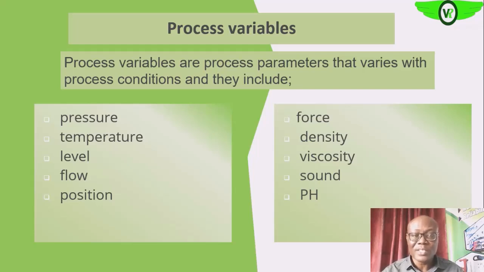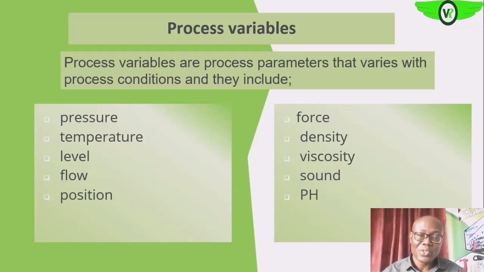So in some processes, maybe it is only one variable, maybe temperature or pressure, that has the capability of affecting our process, and thus that is the only variable we'll monitor. While in some, maybe it is the pH, because as the pH changes, it can affect the outcome of our process. Some is the viscosity.